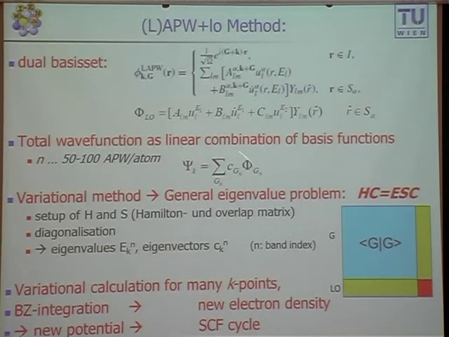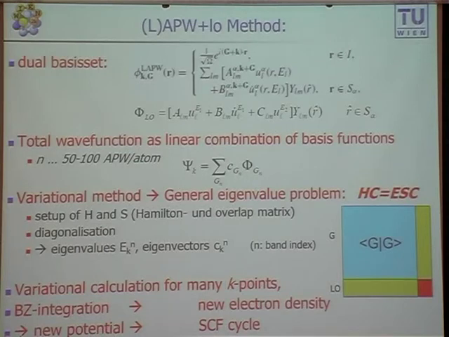And this procedure we have to repeat for many, many k points. Look at this k index here, because this enters everywhere in the Brillouin zone. So for the gamma point, delta point, X point, or other k points. And at the end, we have to do this integration over the Brillouin zone and find a new electron density.